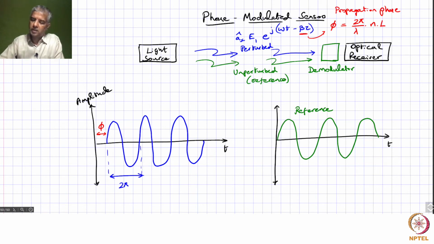We will look into that in a little more detail. But before we get to that, let us make sure we are representing all our waves correctly mathematically. Let us say this unperturbed wave has the same polarization, maybe a different amplitude and the same frequency, but it is going through some other phase phi 2, which is the reference phase.